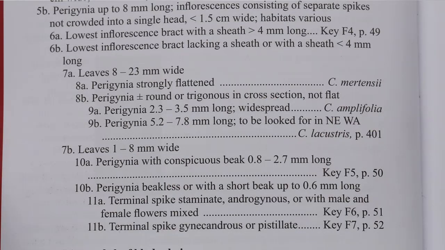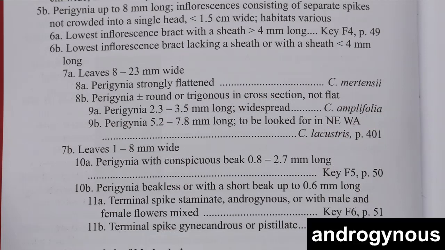11A says terminal spike staminate, which would mean male flowers, androgynous, which would mean it has both male and female flowers in one spike, and in this case the male flowers will be on top of the female flowers, or with male and female flowers mixed.